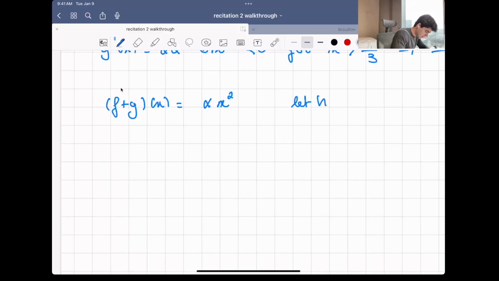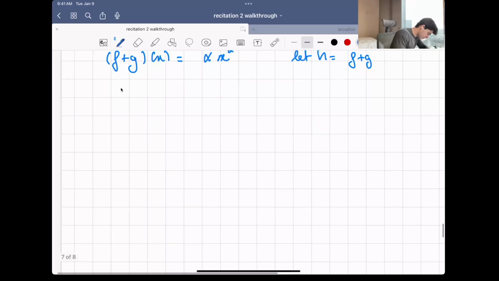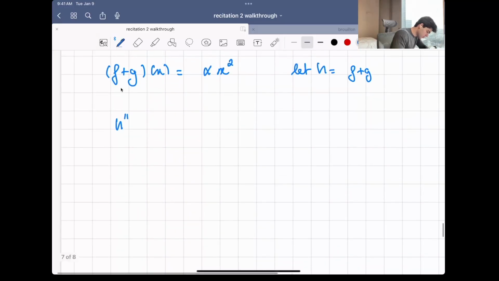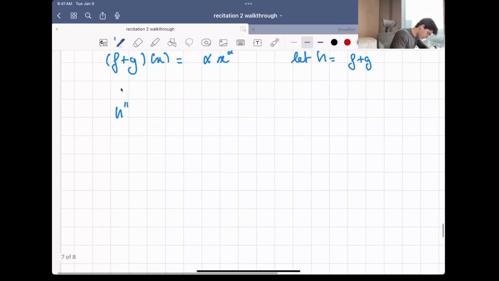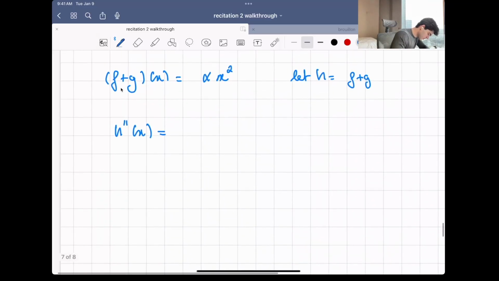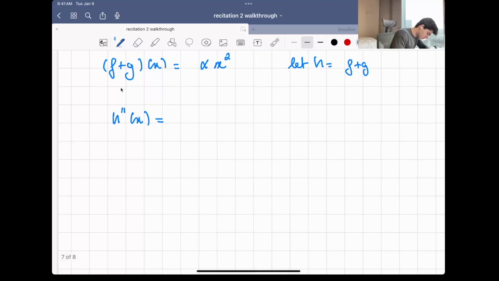We can say let h equal f plus g, so we don't have to write it again. We want to show that this guy is convex. h prime prime of x is equal to 2 alpha. Is this convex?